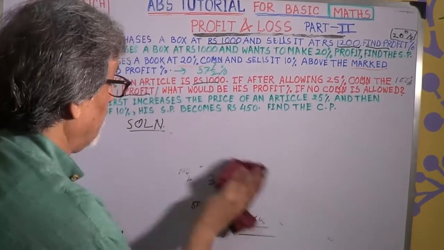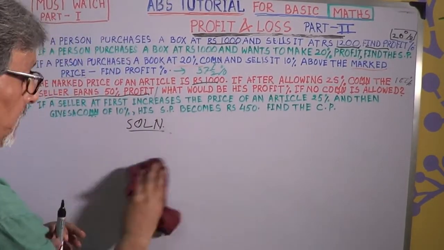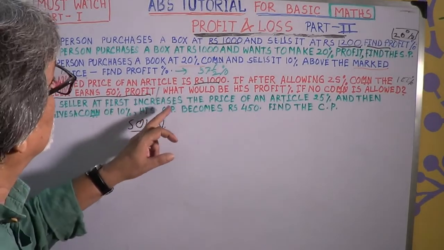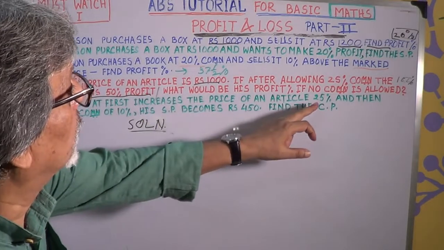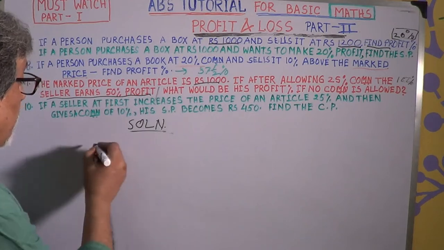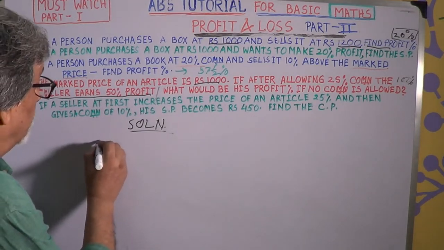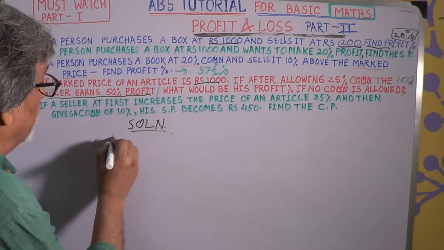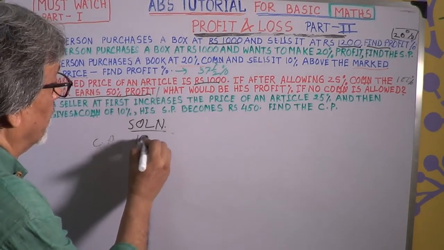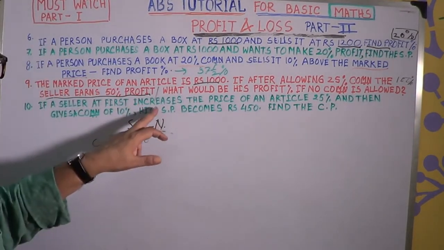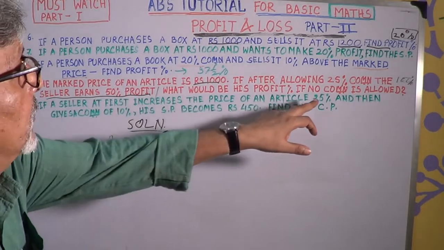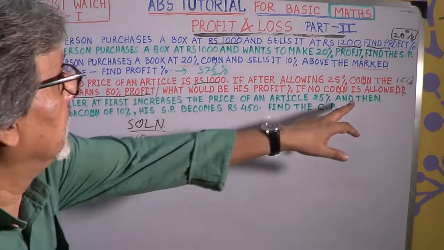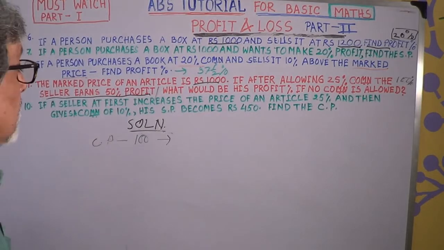Here you see this is a very simple sum. If a seller at first increases the price of an article by 25%, this means, let the cost price be 100. He increases the price by 25% and then gives a commission.